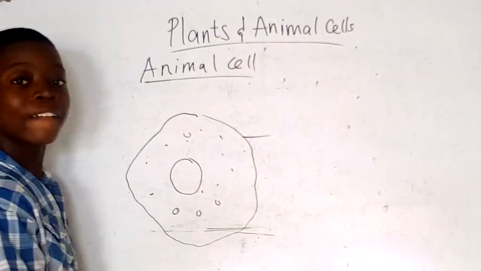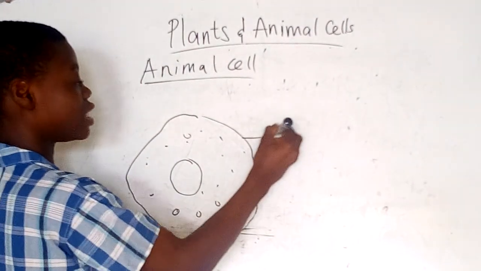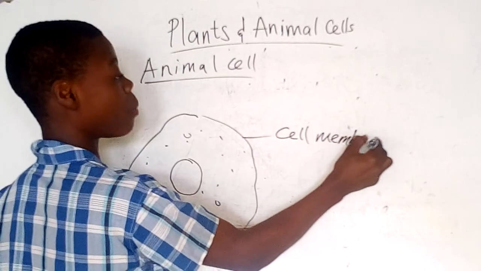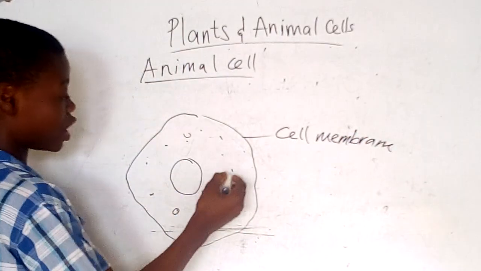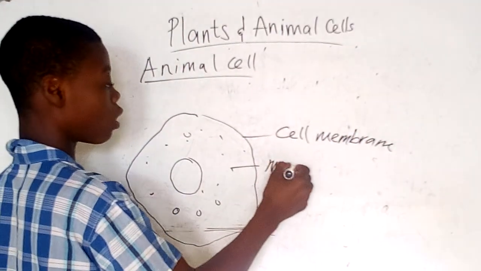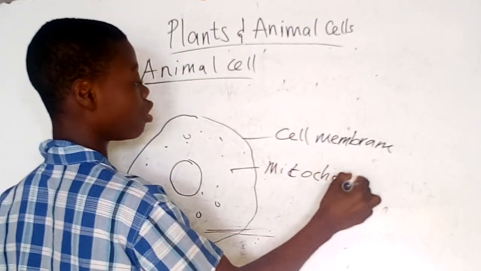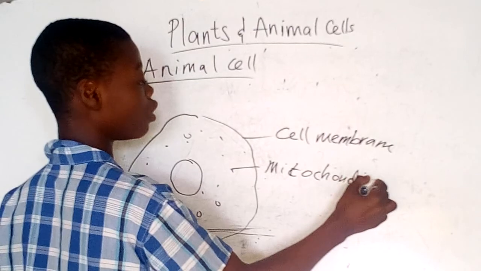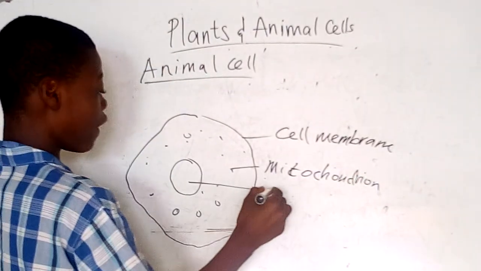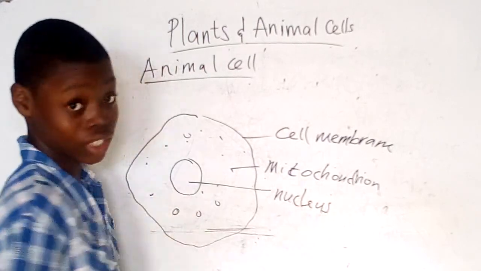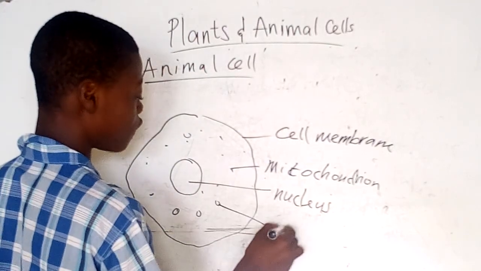This part of the animal cell is the cell membrane. This part is the mitochondrion. This is our nucleus, and this is our vacuole.